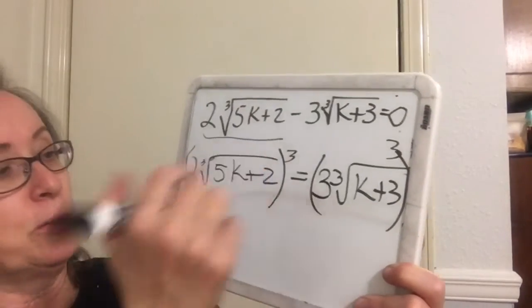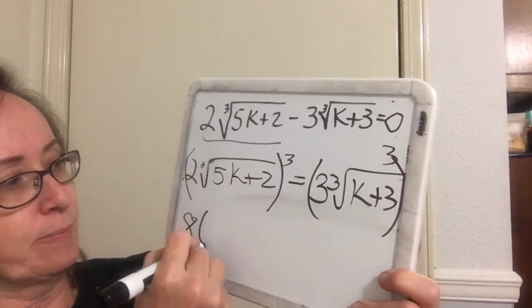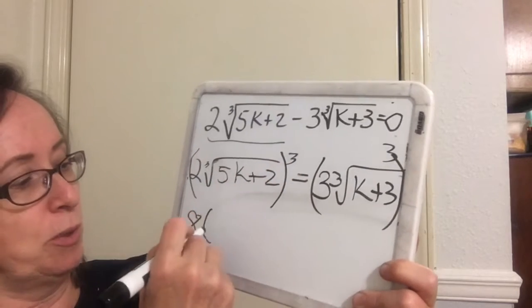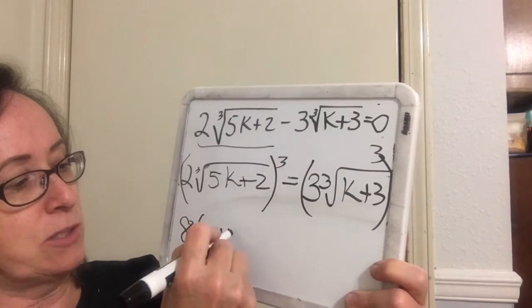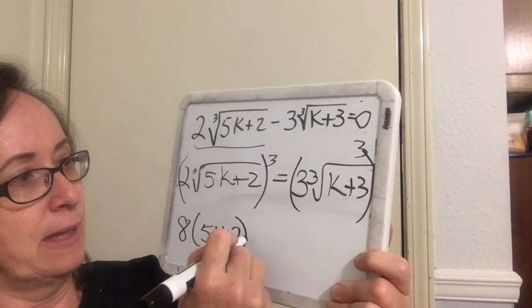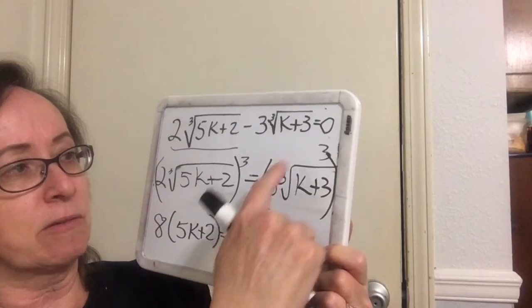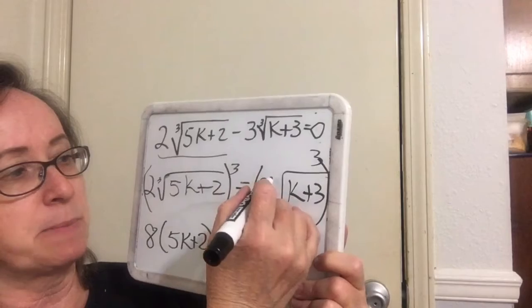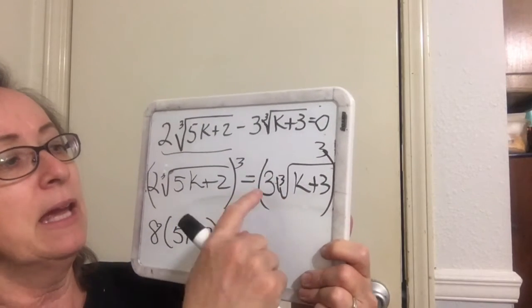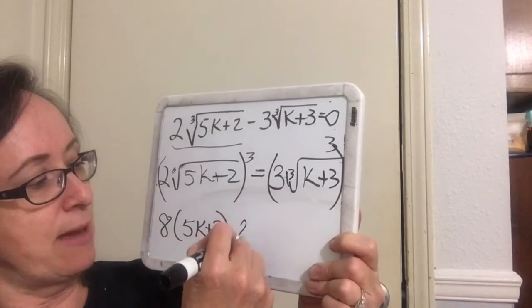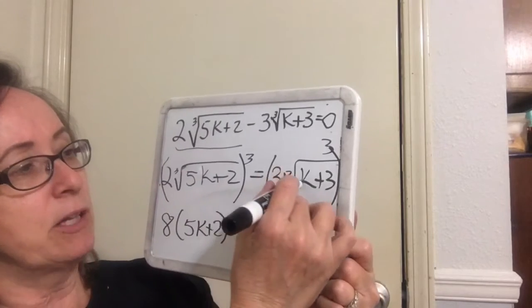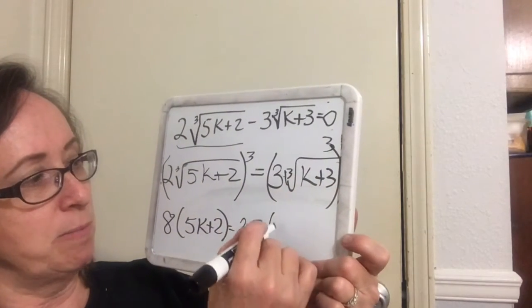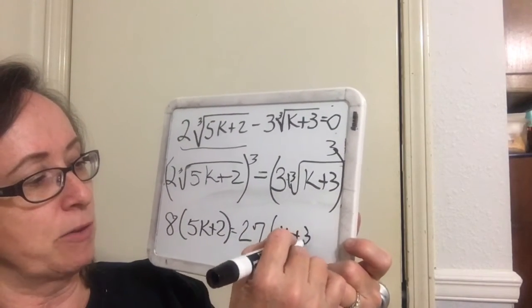Just like I can square both sides, I can cube both sides. So now 2 cubed is 8. And the cubic root cubed is going to give me 5k plus 2. And on the other side, 3 cubed, this is your index here. That's awfully big. Let's make him smaller. Okay, 3 cubed is 27. And the cubic root cubed is going to give me the k plus 3 that's under the radical.